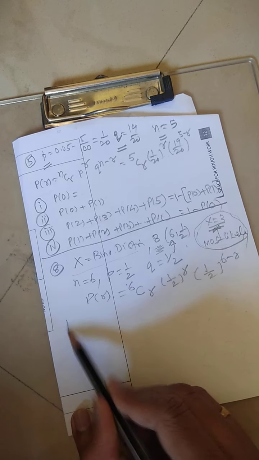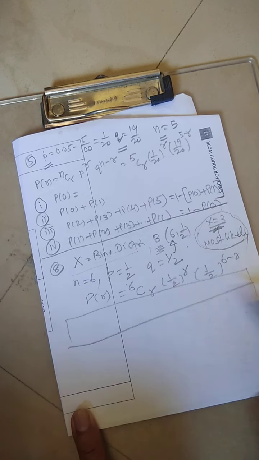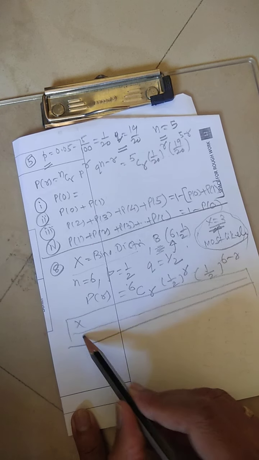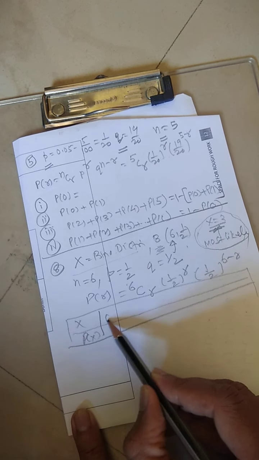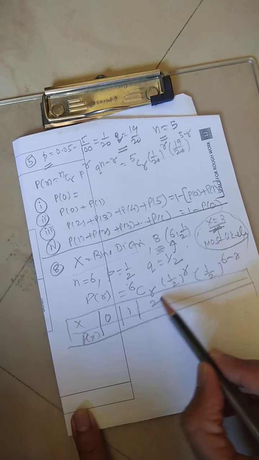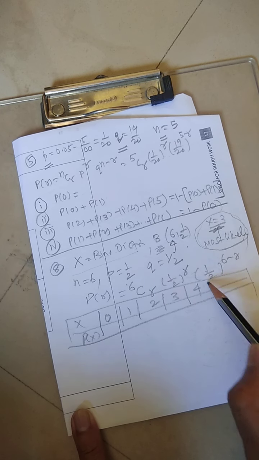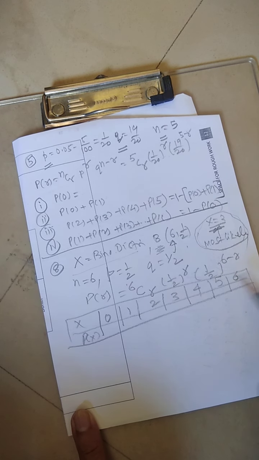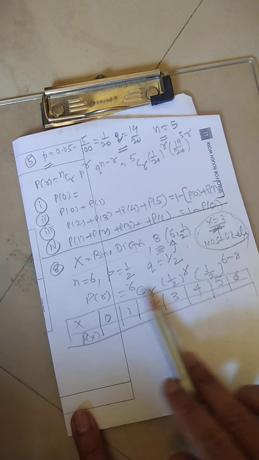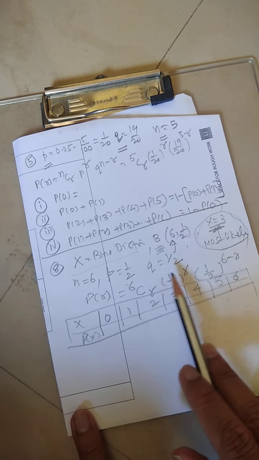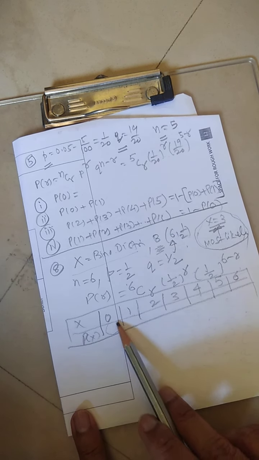Now prepare one table. In this table, go on writing X and the respective probability. That means 0 over here, 1 over here, 2 over here, 3 over here, 4 over here, 5 and this is 6. Replace 0 in this formula and you will get some answer. You can record the answer over here.